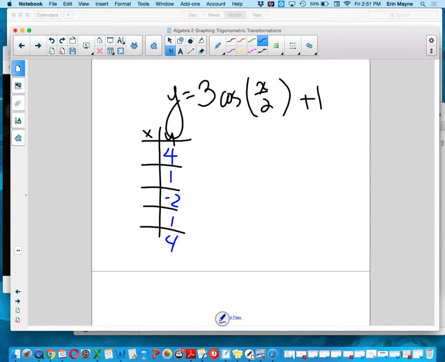Okay, so I want to show you a couple ways to be checking your work along the way. If you got that list, raise your hand. I want you to notice a couple things. First of all, what is the distance between 4 and 1? 3. And between 1 and negative 2? 3. So what I love is, what should that value represent? The amplitude. Amplitude, right?